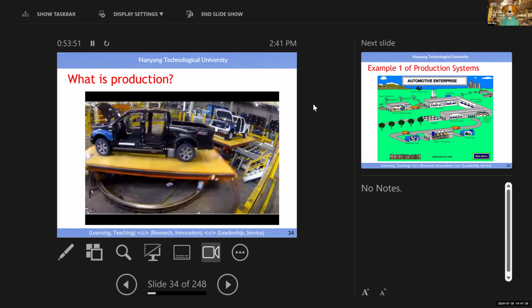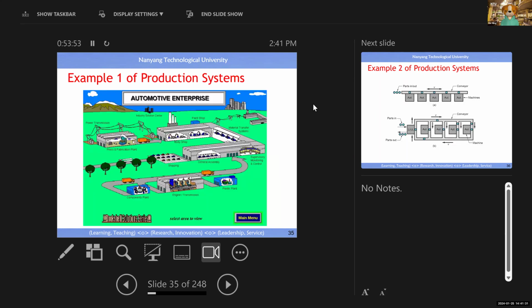Okay, this may be good enough for you to have a rough idea about the production line in which you will see the assembly activity occurs, right? We can also use production line to operate a lot of process, right? Then this slide basically summarizes production line inside automotive industry, right?